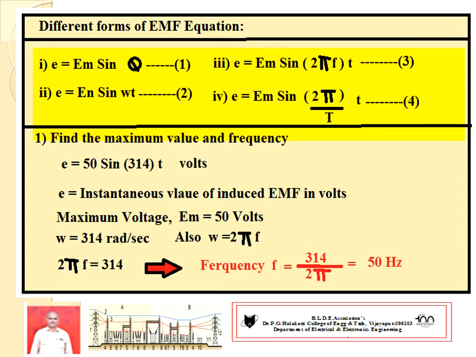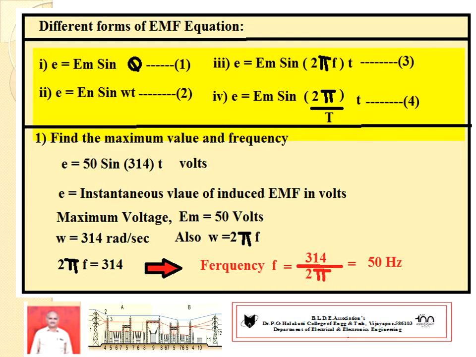So these are the different forms of the EMF equation, because we have to solve problems based on this EMF equation. It may be called the EMF equation or alternating voltage.